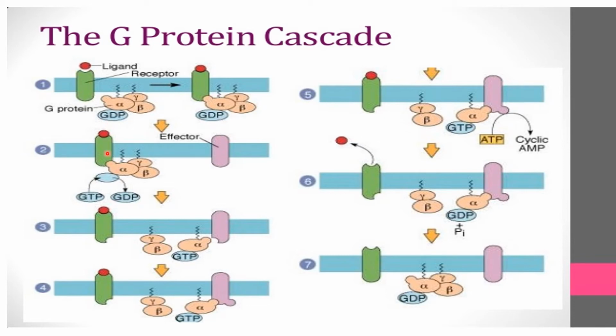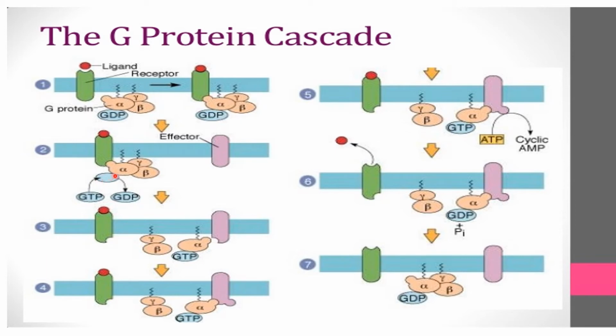After binding of the ligand to the receptor, the G protein is immediately attached with the GTP, and GDP is released, and the alpha subunit has the binding site for the GTP and GDP.